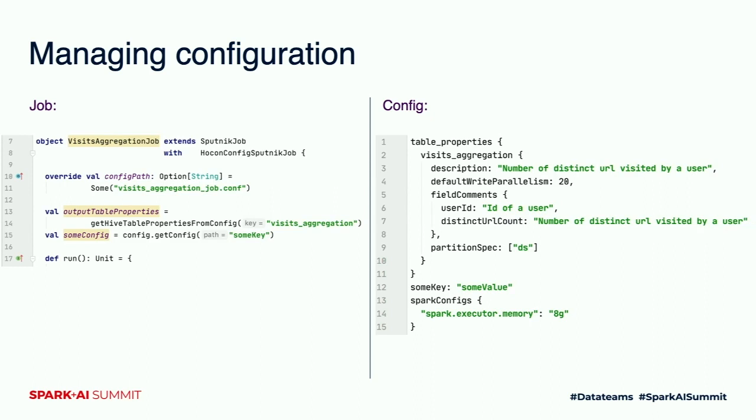And you can pass some configs which are job specific. In the example on the slide, you can see that in the config on the right, we specified some value for a certain key. And within the Sputnik job on the left, you can get access to this key.